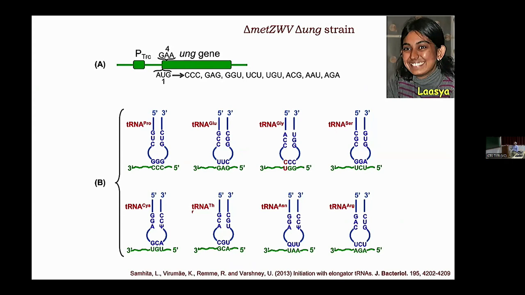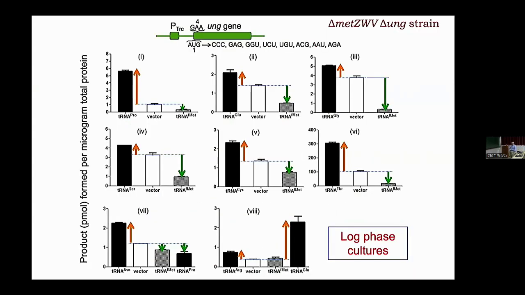So she developed a strain where the 3 tRNA genes were deleted, and this uracil DNA glycosylase gene was deleted. And she took the uracil DNA glycosylase gene, changed the start codon to any of these codons, and she had the natural elongator tRNAs, which will pair at that start codon. And she wanted to then ask the question, what happens?